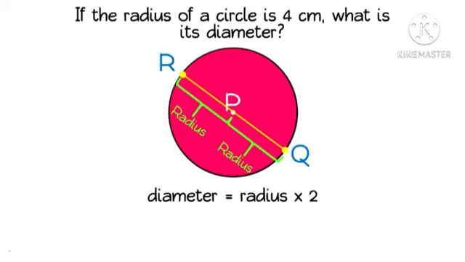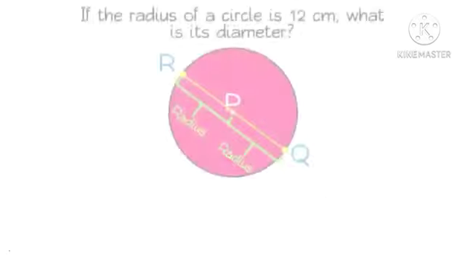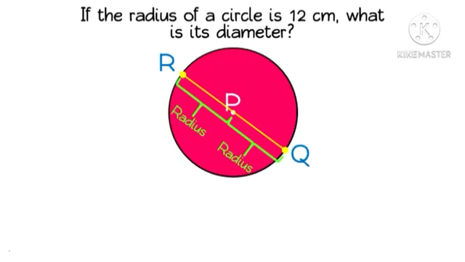Diameter is equal to radius into 2. So, 4 centimeters into 2, which is equal to 8 centimeters. If the radius of a circle is 12 centimeters, what is its diameter?